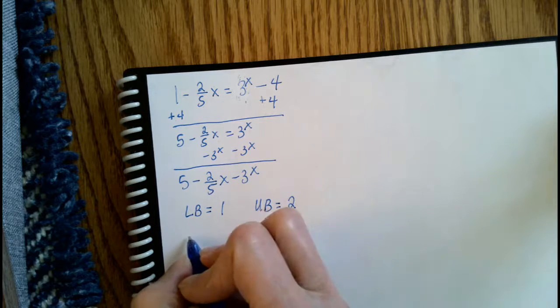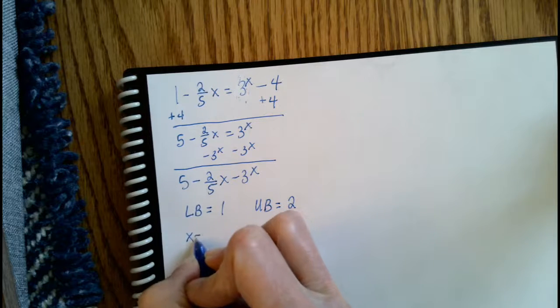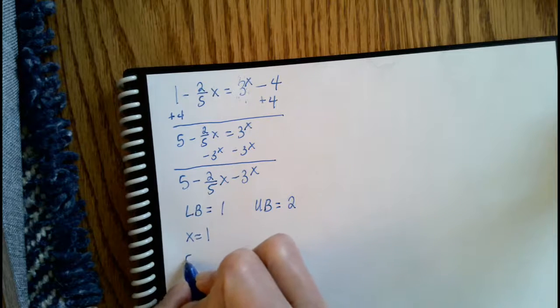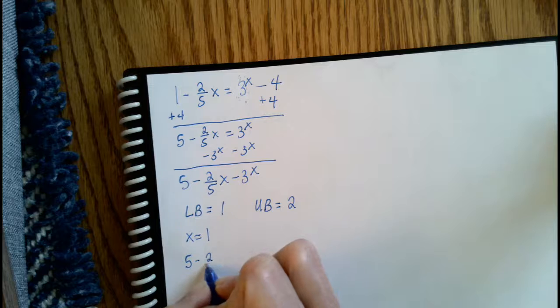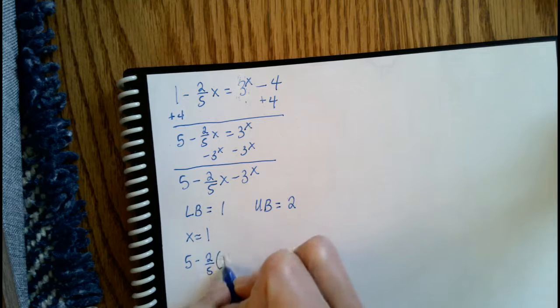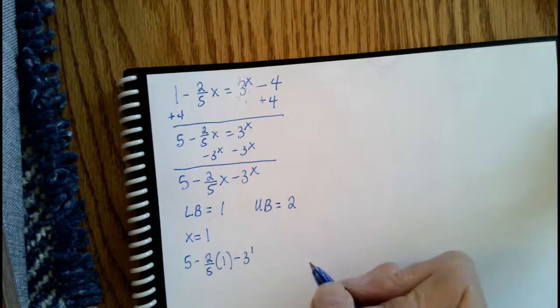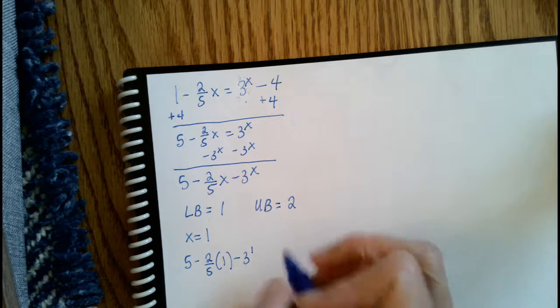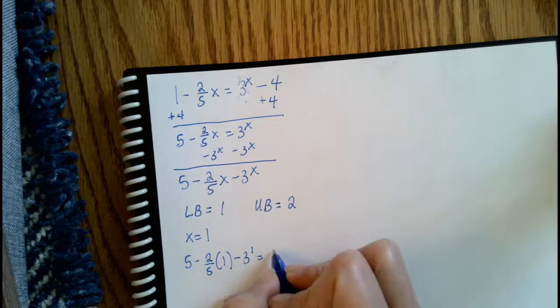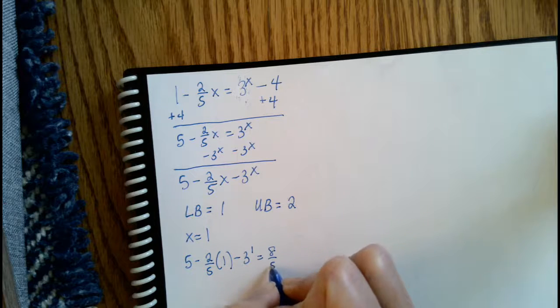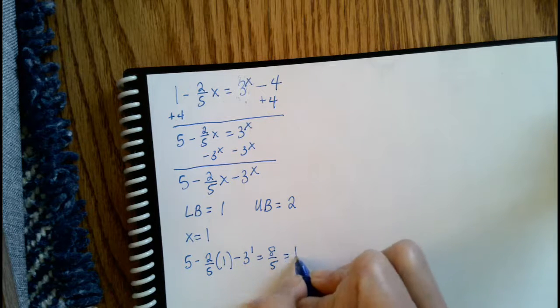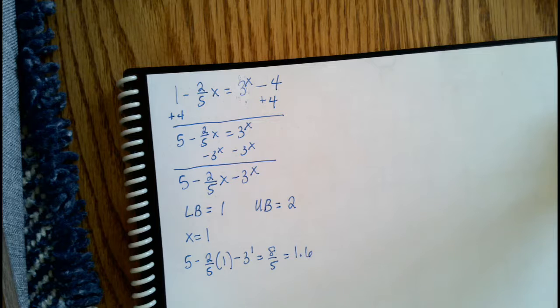So when x equals 1, we're going to do 5 minus 2/5 times 1 minus 3 to the first. And I've done the calculations out before. If you type it in with the fraction, you get 8/5. If you end up with a decimal, it's 1.6.